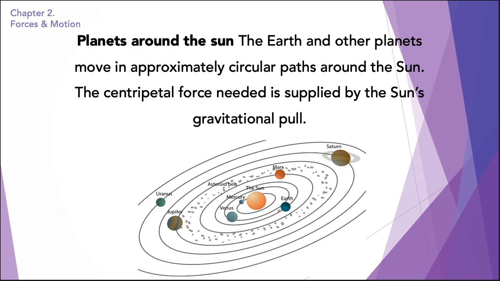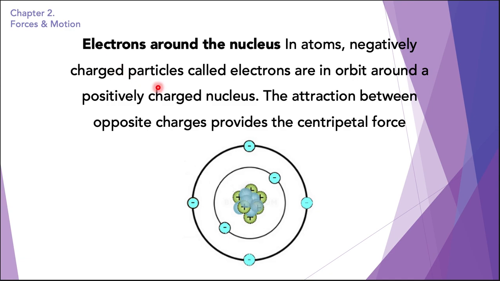And the last example we have are electrons around the nucleus of an atom. So in atoms, negatively charged particles called electrons are in their orbit around a positively charged nucleus. This is the nucleus, and these are the electrons which have their own orbit. The attraction between opposite charges provides the centripetal force.